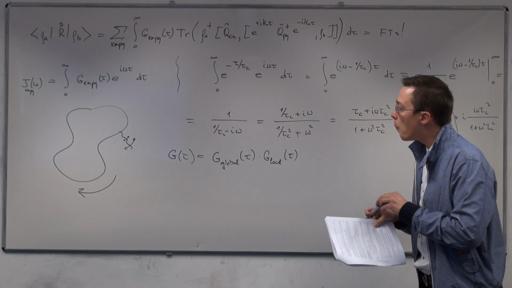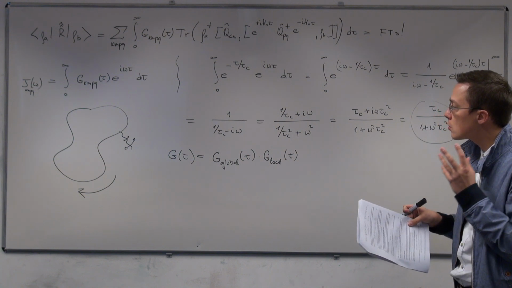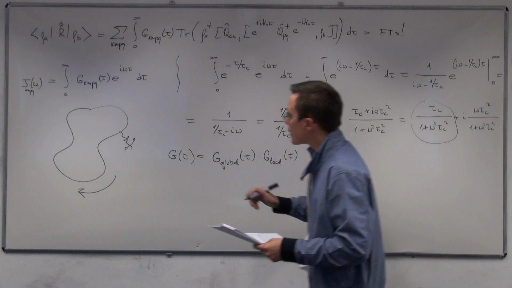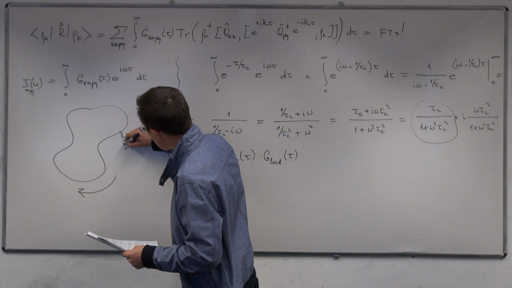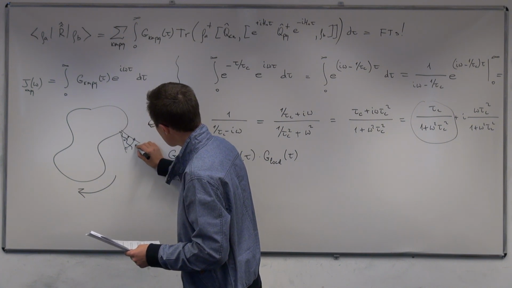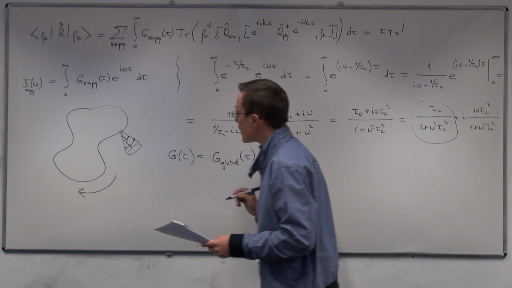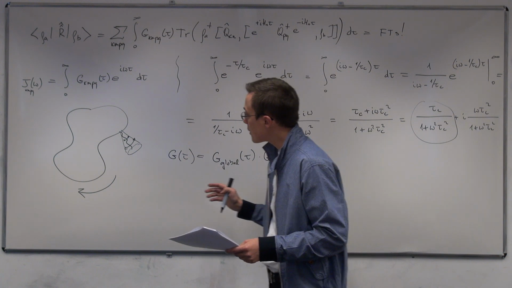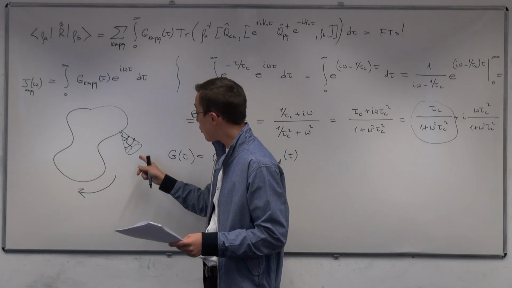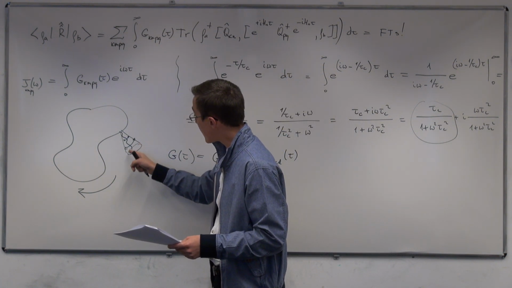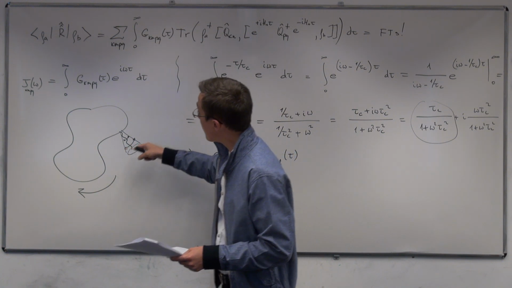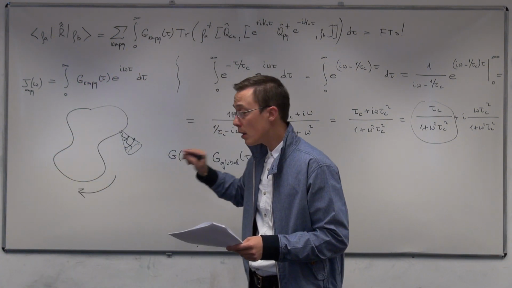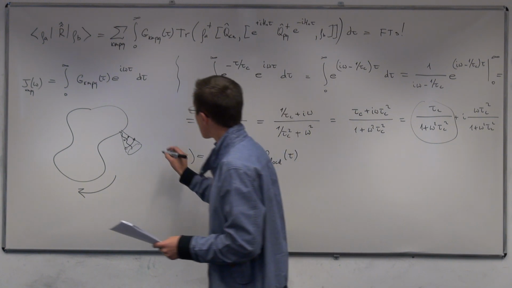One of the most popular formalisms to handle this case assumes that this motion is restricted to a cone. And the parameter that gives us the fraction of the total area of this cone compared to the full body angle is called S squared, the order parameter.